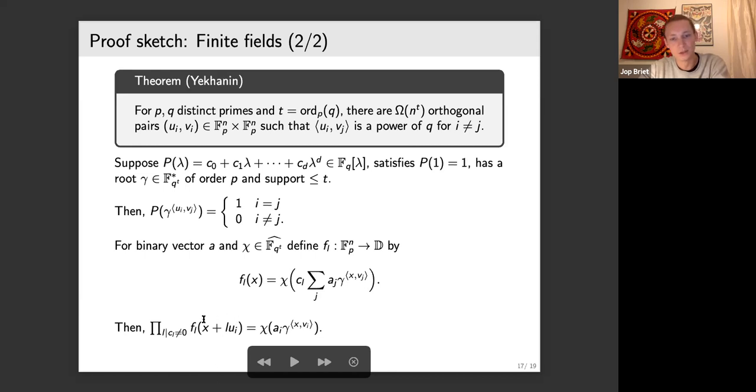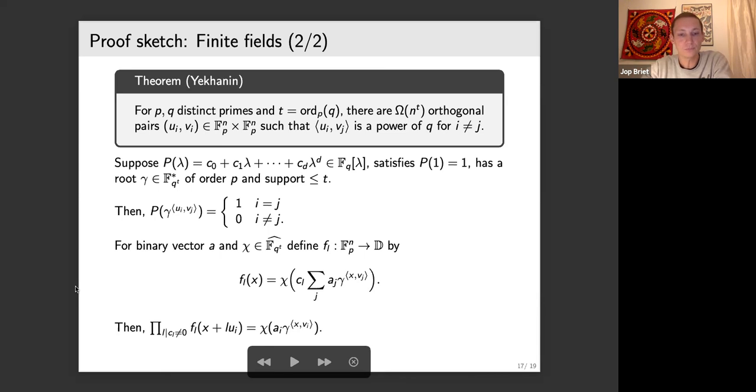So this tuple here defines some pattern that depends on the polynomial p. Then this big sum again collapses to a single term. That's obviously 1 if the coefficient of this binary vector in direction I is 1, and you can make sure by choosing chi judiciously that it's non-positive otherwise.